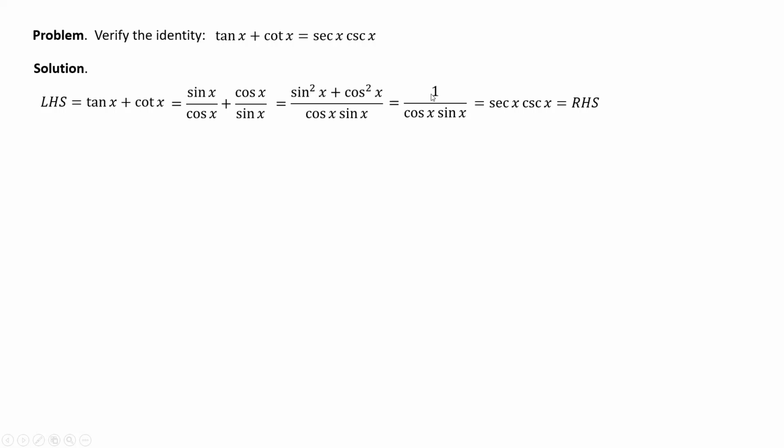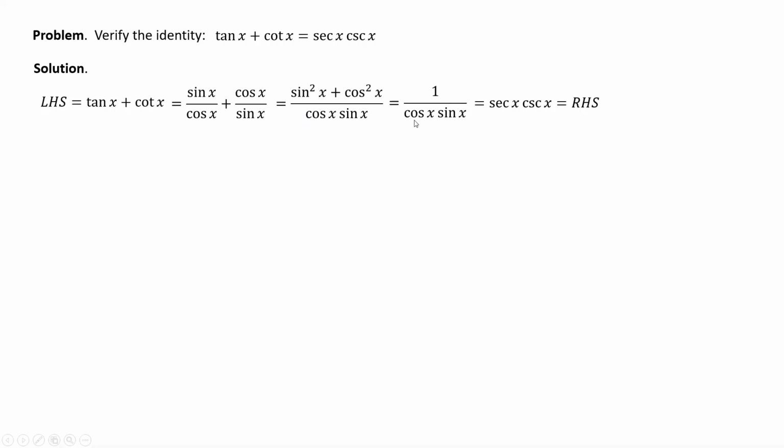Maybe I'll be more precise. I could have added one more step for clarity. Am I allowed to write this as 1 over cosine x times 1 over sine x? What would happen if I did that? 1 times 1 on the top, which is equal to 1. Right?